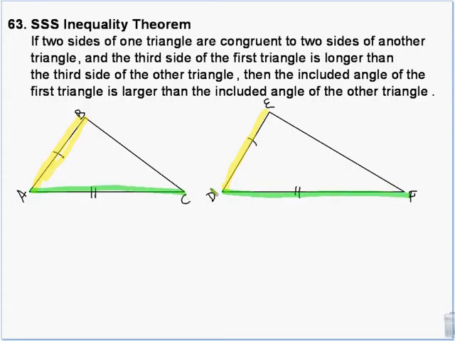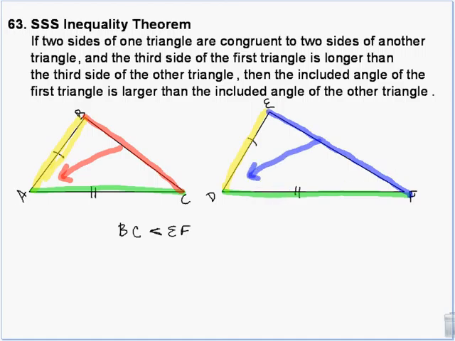DF is the same as AC, but then we get a side, BC, is different than EF. Okay, so looking at this, I'm going to say that BC is smaller than EF. So going across, that tells me that angle A is smaller than angle D.